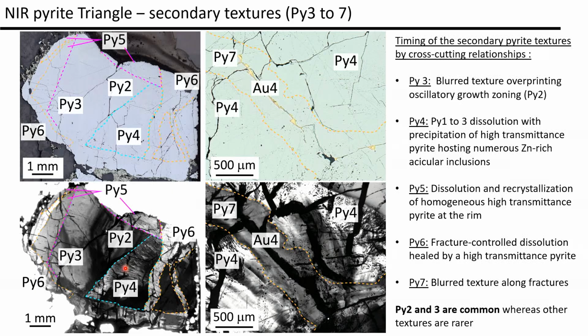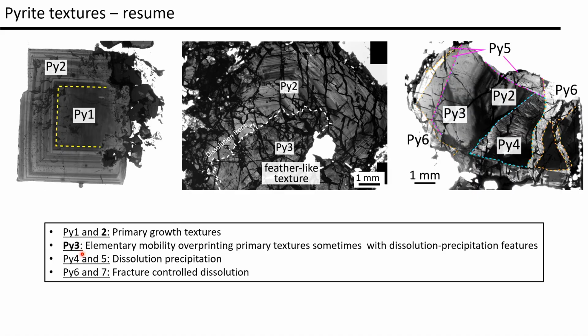The thing that we have to keep in mind is that the most common textures are the primary textures, so Pyrite 1 and 2, and the Pyrite 3, which is the disturbance of the primary textures. So to resume, we have mostly the primary textures and the overprint of these primary textures by the Pyrite 3.